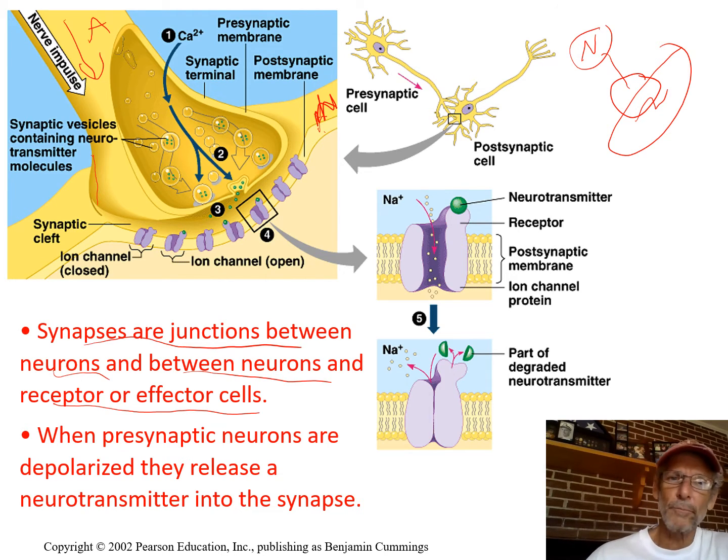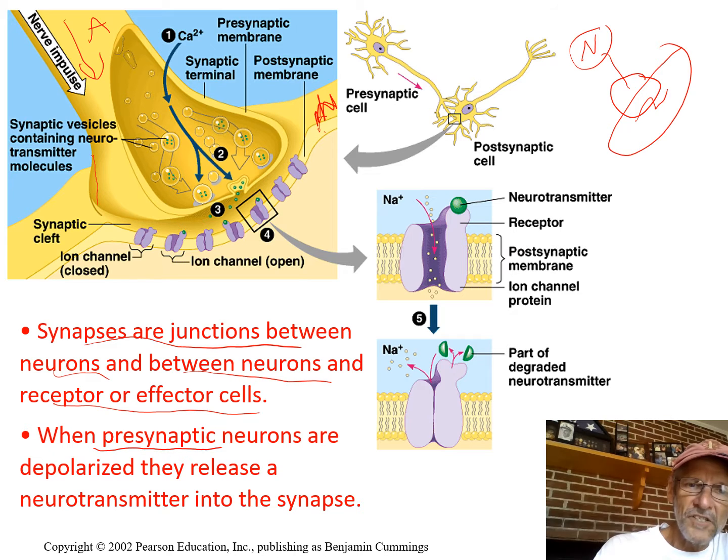Okay, but now we got a few other players here at the axon. Okay, here remember we also have the distinction between a presynaptic neuron and a postsynaptic one. That word's not here, but so this neuron whose axon we're looking at here, this would be the presynaptic one, right?